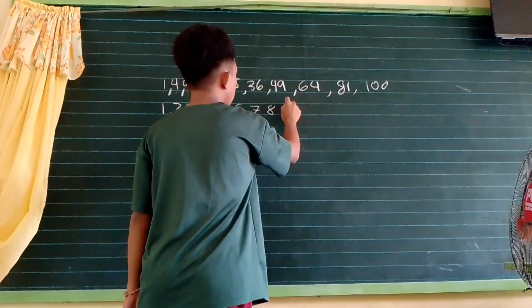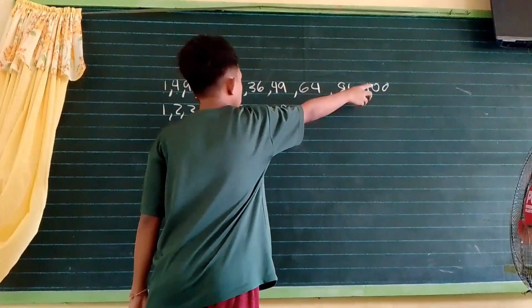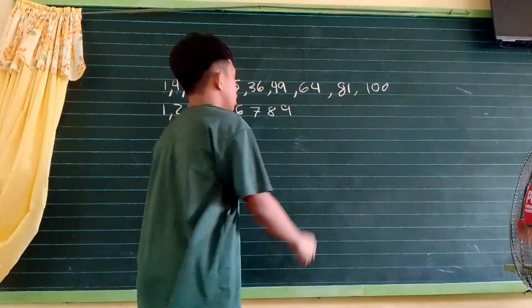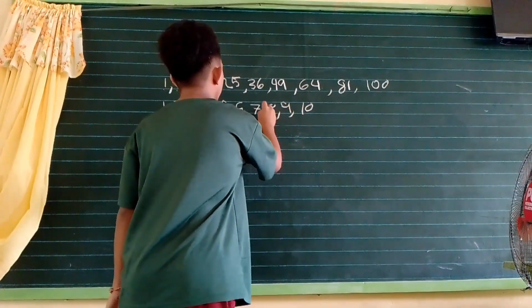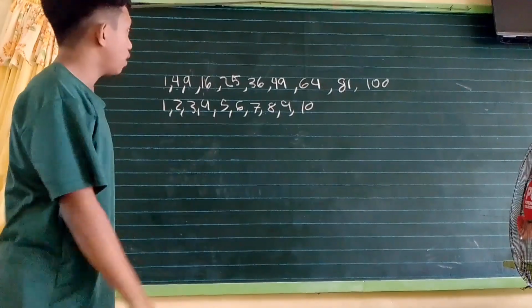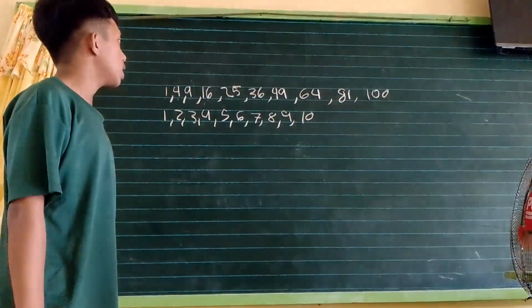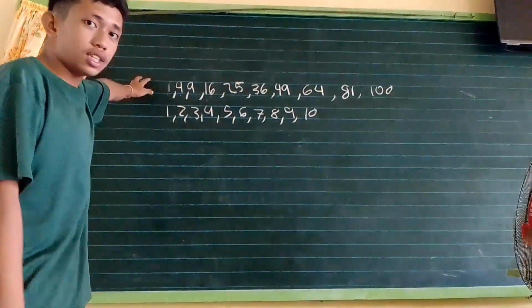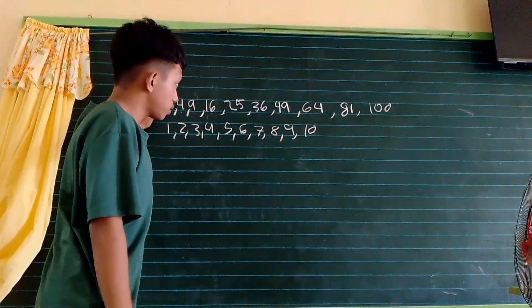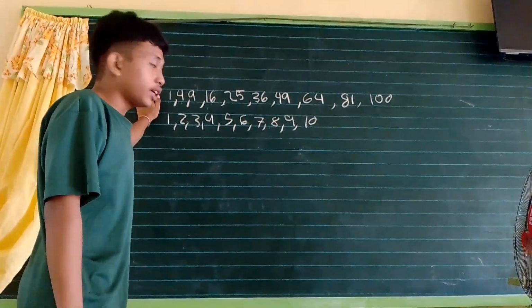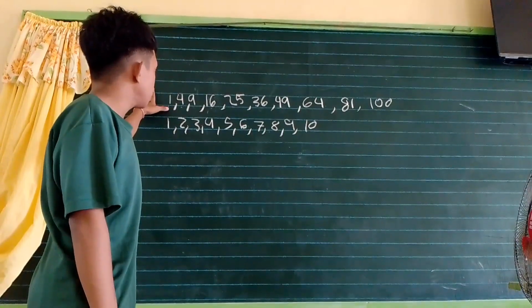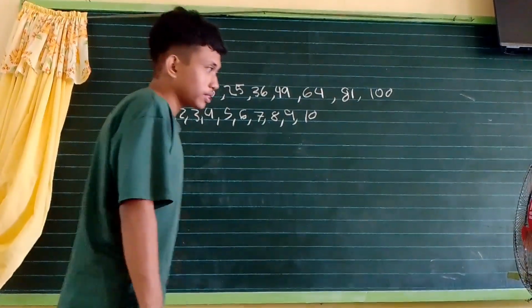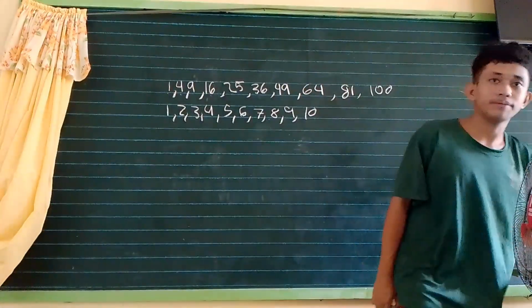The square root of 81 is 9. The square root of 100 is 10. That's what I mean by perfect square. If you can memorize these 10 perfect squares, then you can answer radical expressions easily and accurately.